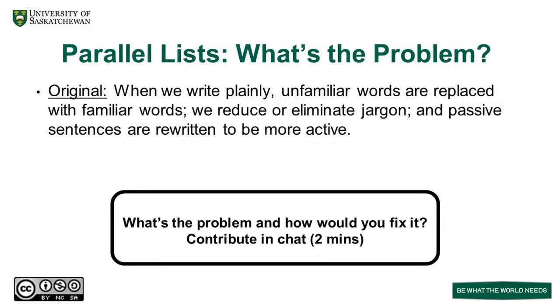So feel free to indicate what you would change or even present a revised version of the sentence. It reads as follows. When we write plainly, unfamiliar words are replaced with familiar words. We reduce or eliminate jargon, and passive sentences are rewritten to be more active. So let's take 2 or 3 minutes and contribute in the chat.